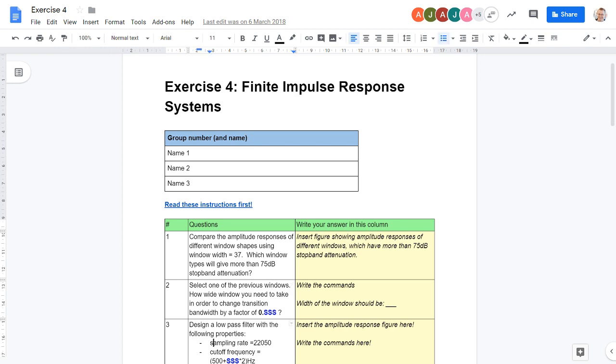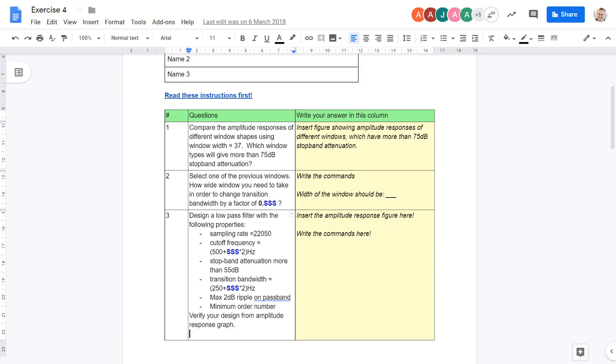But anyway, so playing with the system. The first one was finding a window that fits the stop band attenuation criteria. Then select one of the previous windows, and how wide a window you need in order to change the transition bandwidth by a factor of 0.SSS.